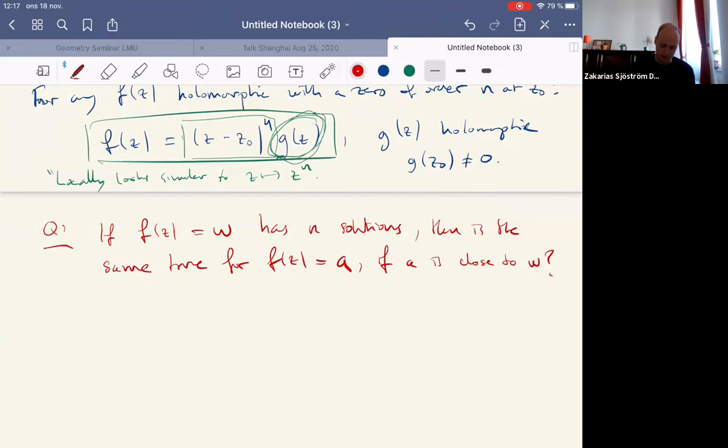Okay, so this is the question. Is this property of having n preimages preserved in a small neighborhood of this point? This may sound like a silly, strange question, but the remark is that if you think about real analysis, presented like this it sounds obvious, like, why shouldn't this be true? But if you think about what it actually means, in real analysis this is completely false.